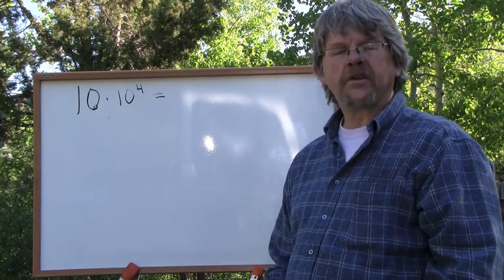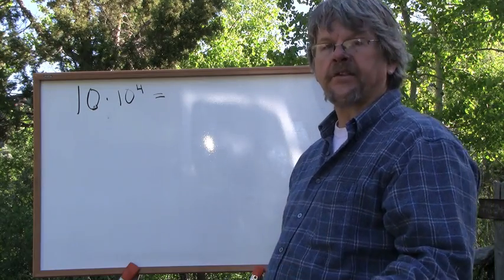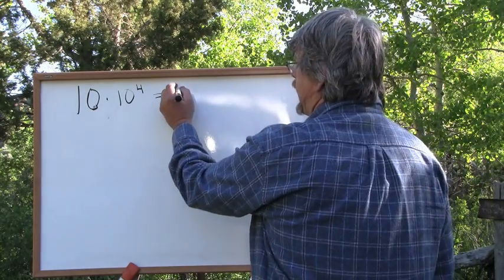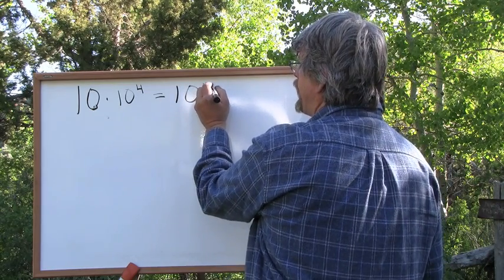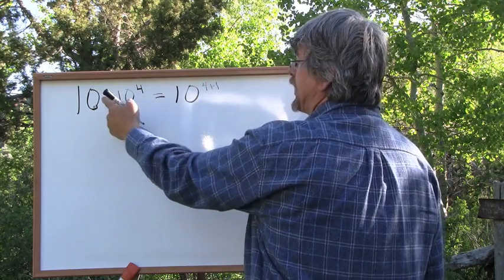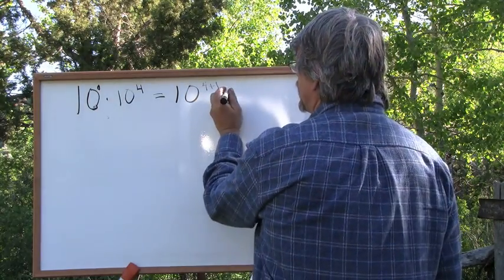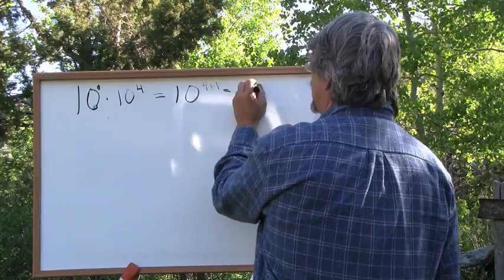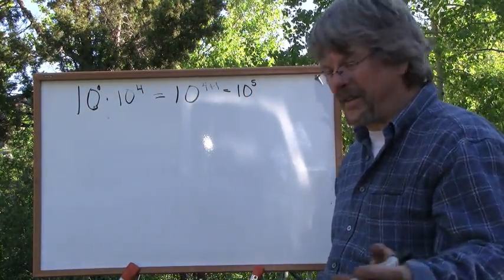So the proper way to multiply this, remember, multiplying, we add the exponents, right? So this is going to equal 10 to the fourth power plus 1, because this is technically 10 to the first. So this is 10 to the fifth. And that's your answer. That's simple, isn't it?